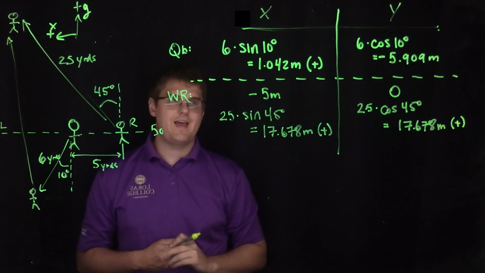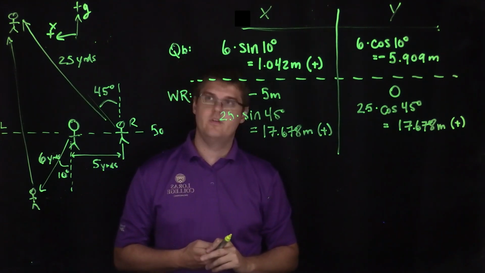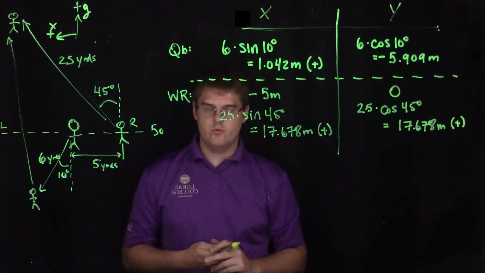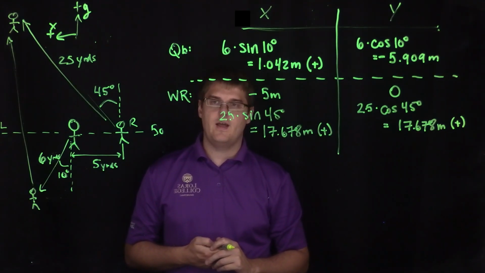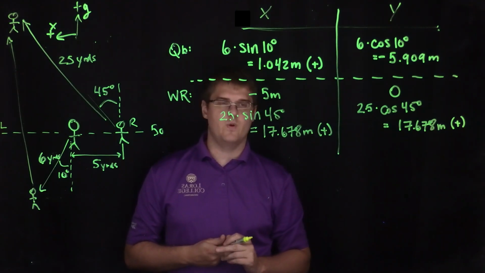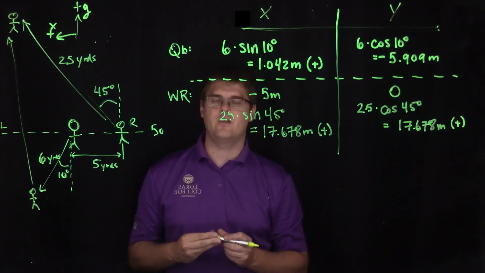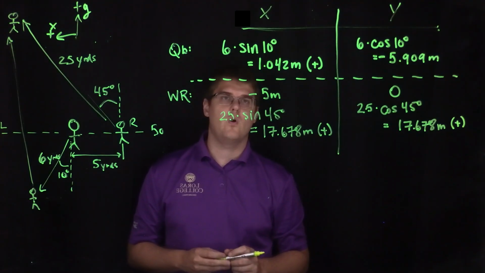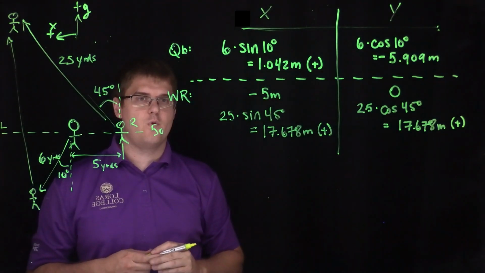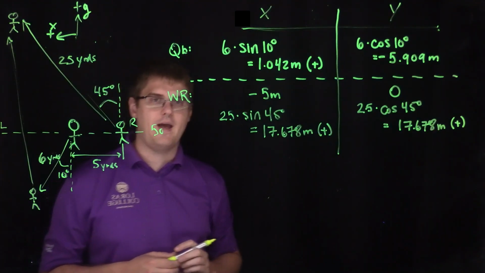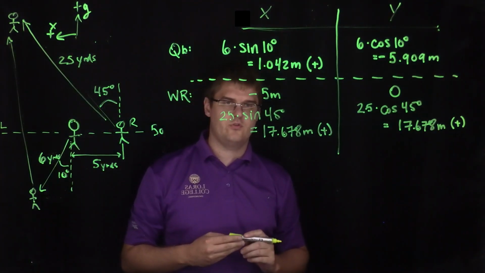Now the question is, how do these get put together? And we're going to not think of it formulaically right now. We're going to think about it as an equation, as a logic question. So how does this 1.402 meters impact the distance that he has to throw the ball?